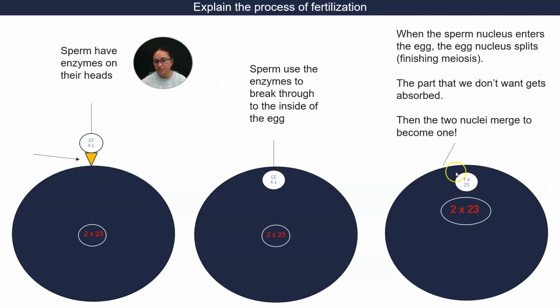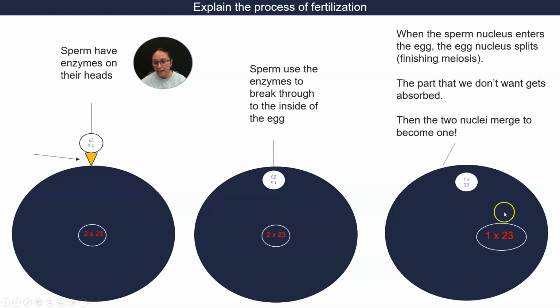So here is the sperm. We've chopped off its tail; we don't need that. Here is the sperm nucleus, and this is the egg nucleus. We split at this point, and this is the female nucleus. When it meets the sperm nucleus, it's going to split, and we get rid of the bit that we don't want.